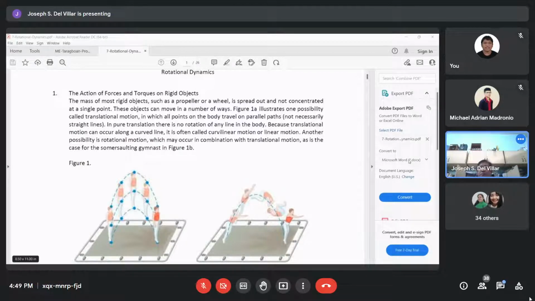Ilang oras po, sir, yung exam? Siguro 2 to 4. Okay? So inform the 3 blocks. Ilang items po yan, sir? Ilan ba yun? 2 hours? Siguro mga 4 items lang. Okay? 4 problems.